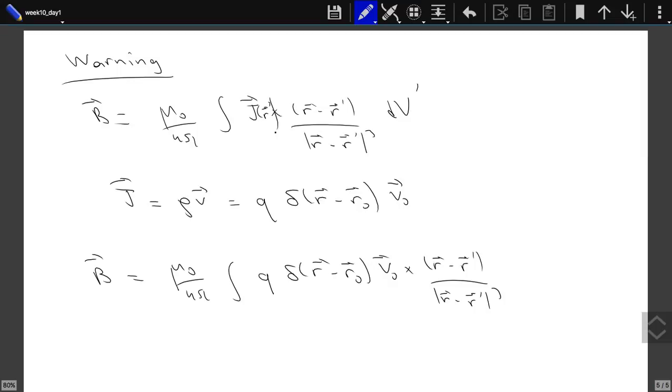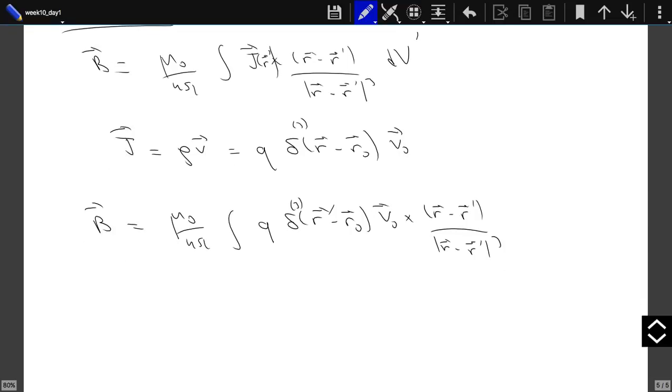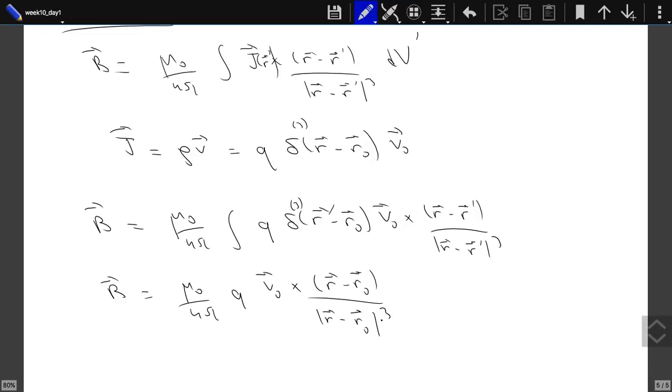Now, if you just carry out this integral, B just becomes mu0 over 4 pi Q times V0 cross (R minus R0) divided by |R minus R0| cubed.